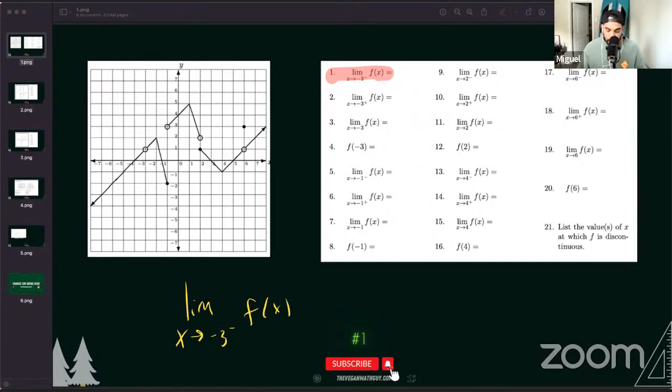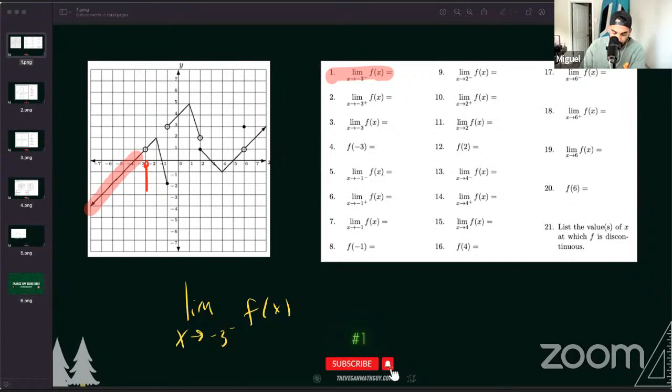So let's take a look at our graph. x is equal to -3 is right there. Typically, if we were asking what is f of -3, in this case we would say it's undefined. But we're asking what it is approaching as we're coming from the left. So just imagine you're on the left side of the graph and you're approaching the function, trying to see what y value you're approaching.